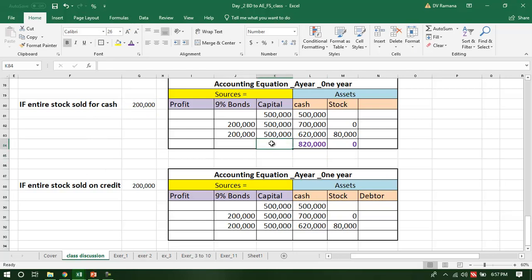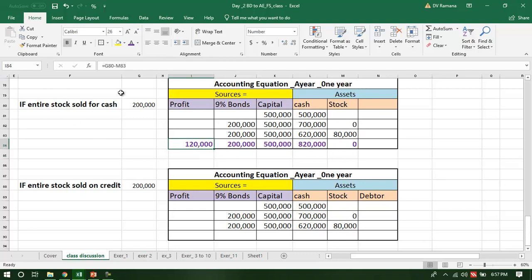No change in the capital, no change in the bonds, but there is a profit of 200,000 minus the cost of the stock. So cash sales affects the equation by increasing the cash, decreasing the stock, and the resultant figure, sales minus the cost of goods sold, is the profit.